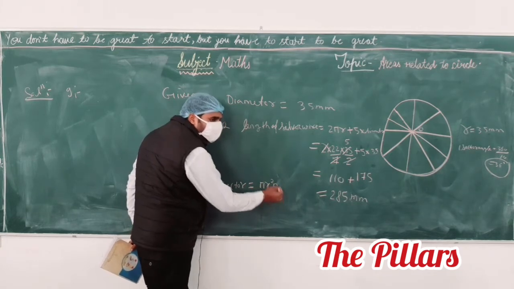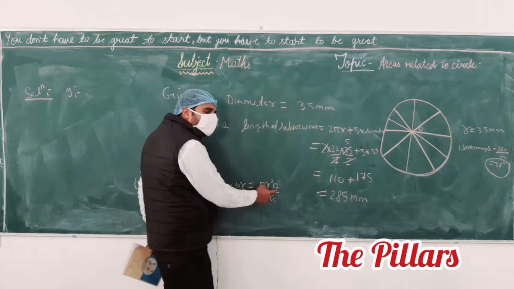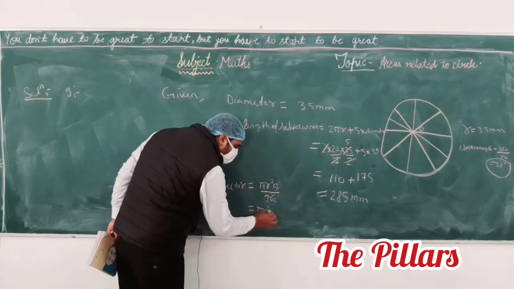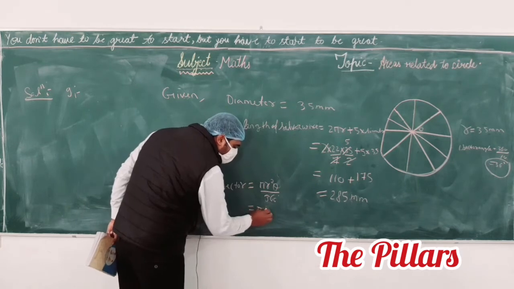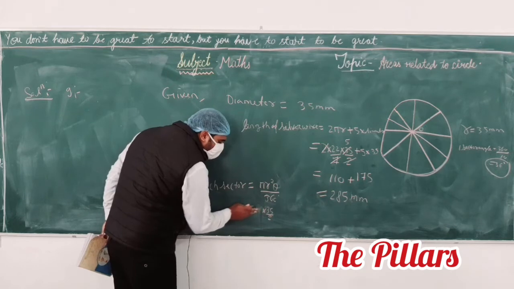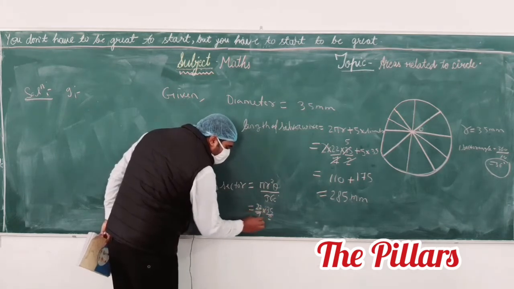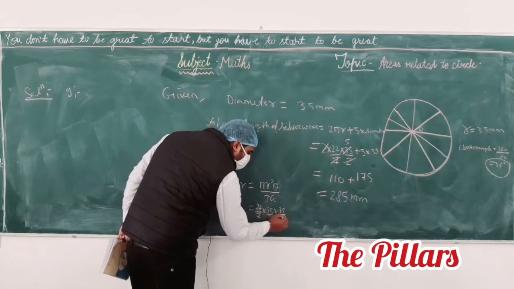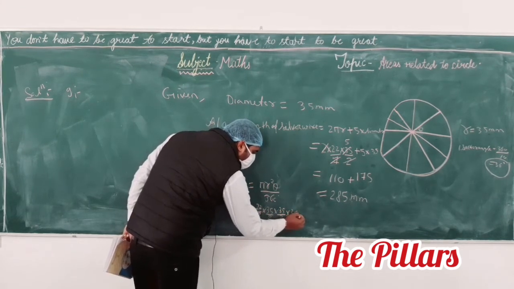This is the formula for calculating the sector, and the value of theta is 36. So pi r square, where r is 35 by 2 and pi is 22 by 7, gives 22 by 7 into 35 by 2 into 35 by 2 into 36 upon 360.